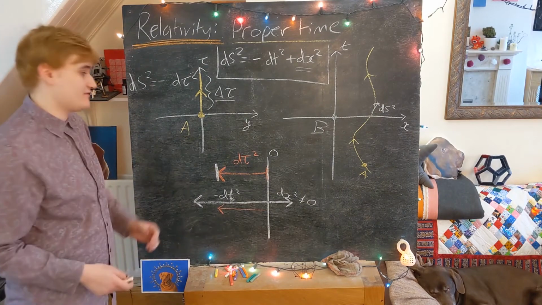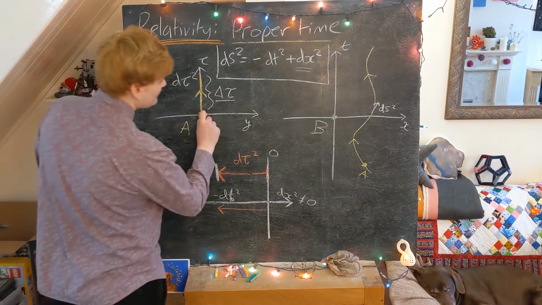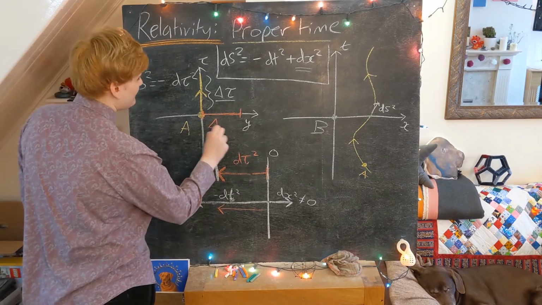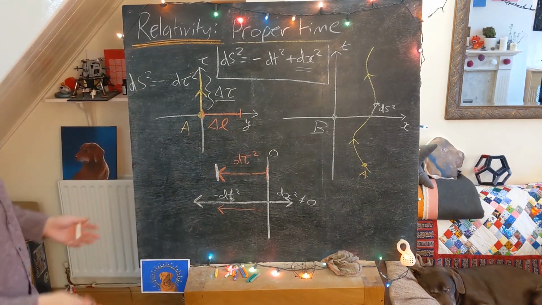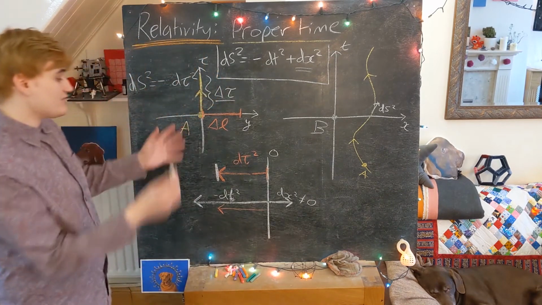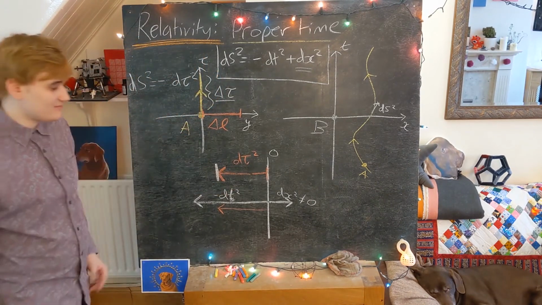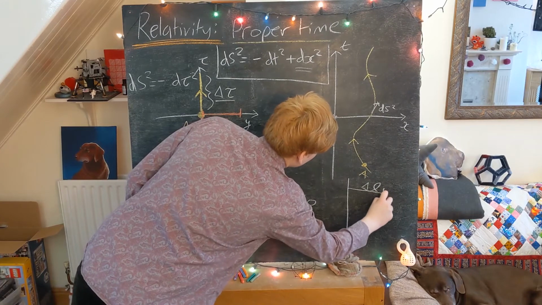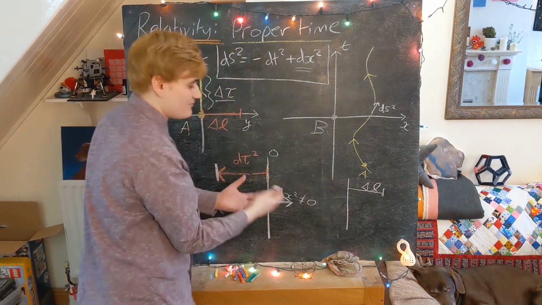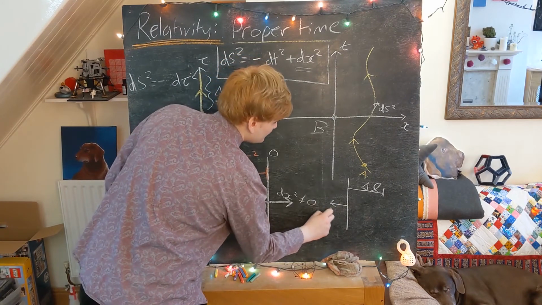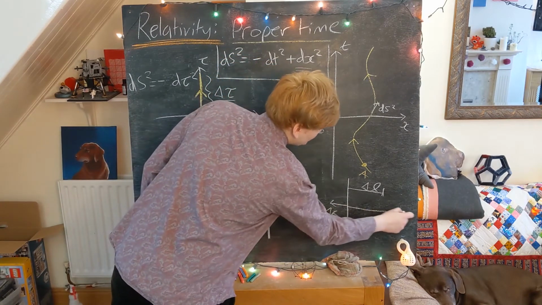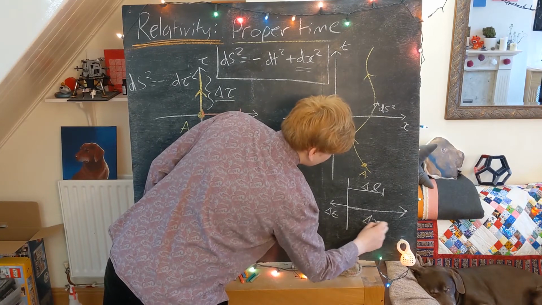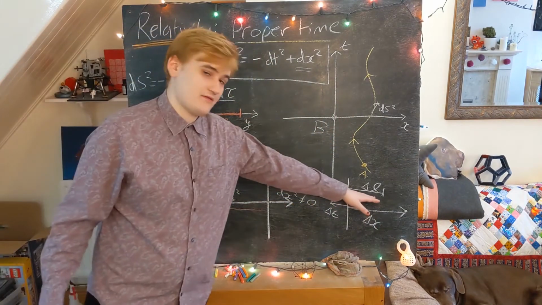And now likewise, I could have just done a very similar argument by defining a purely space-like interval in the stationary frame, say some delta L, which we sometimes call the proper length, and then in any other moving frame, using a very similar argument, the delta L is always fixed, but then in some other moving frame there's going to be a non-zero delta T part, and so the coordinate system is going to assign now a longer length to that proper length, effectively.